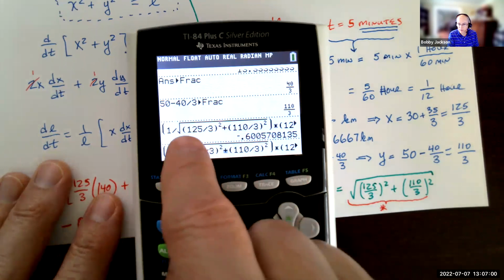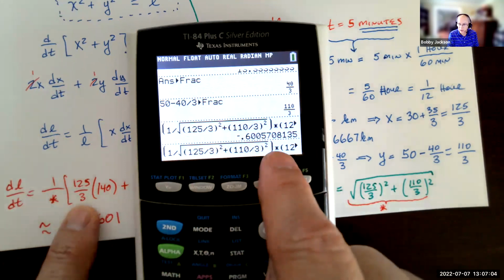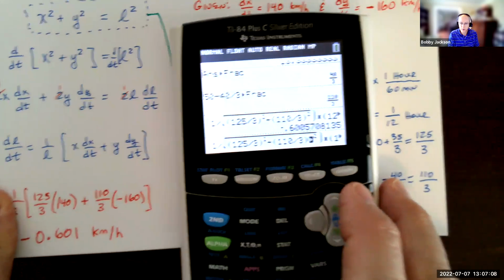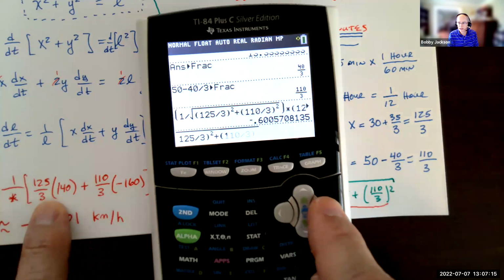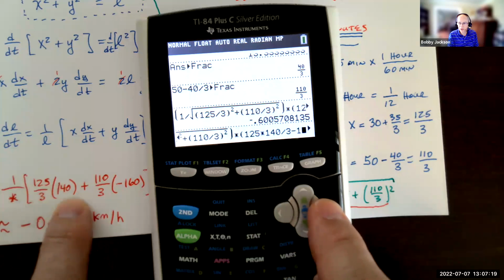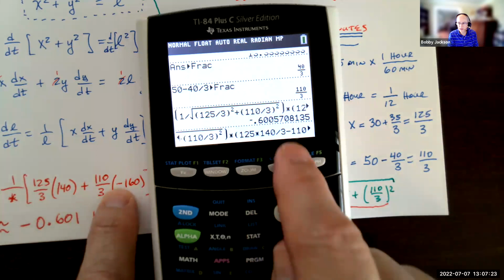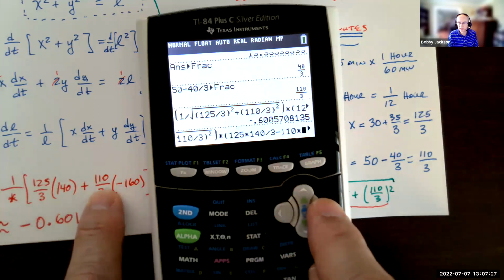So all of that, 1 divided by that, 1 over L, times, and then in parentheses, I've got 125 times 140 divided by 3. That's this number here. And then I did minus because it's plus a negative, so I just did a minus 110 times 160 divided by 3.